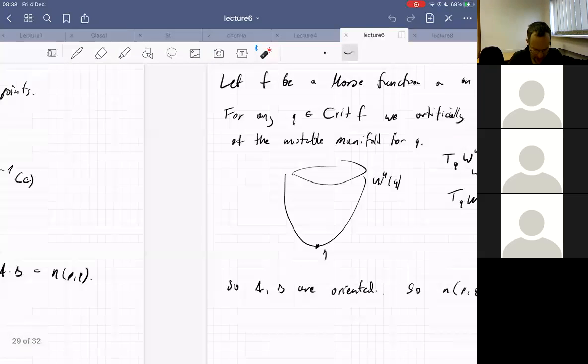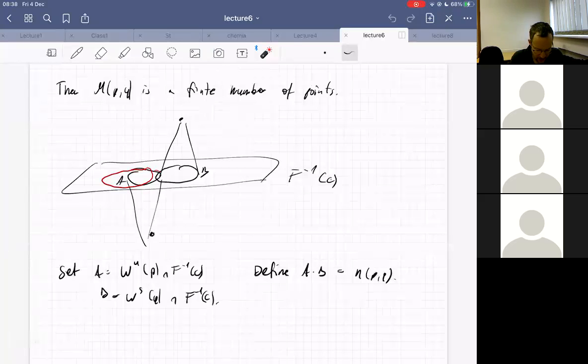Let's see here. We have the unstable manifold of the lower critical point, intersected with the level set f inverse of c. And then there is the stable manifold of the other critical point, which intersects the level set in between, denoted by B. So we have A being this and B being that.